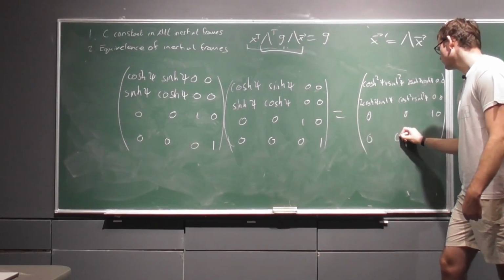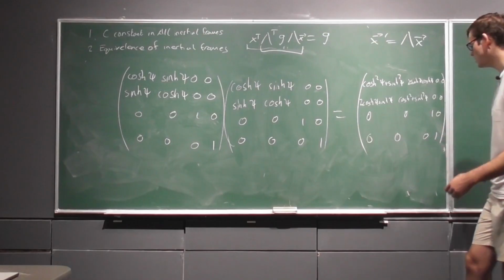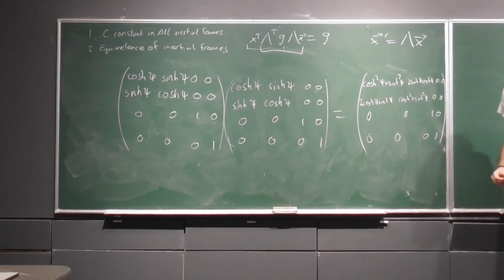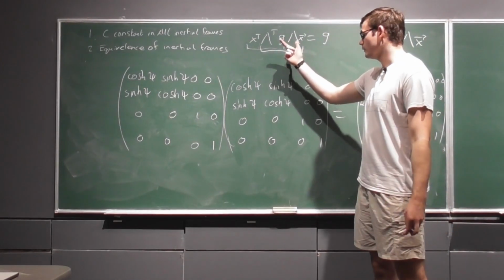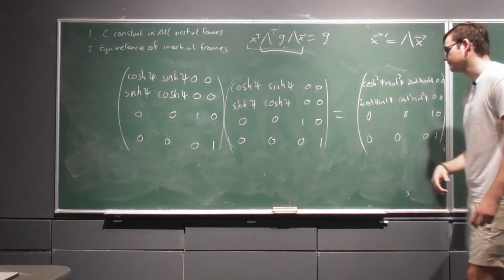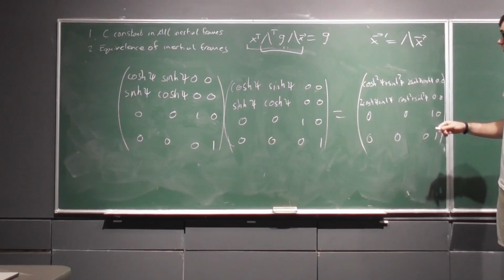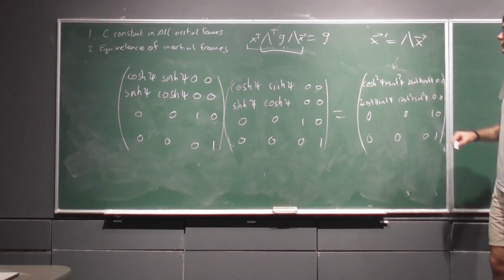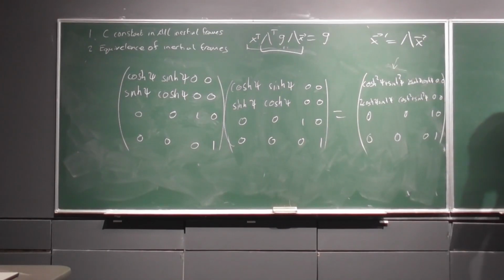0, 0, 0, 1. Okay, now what are we trying to find? We're trying to find a metric such that when we put it in the middle of these, we get back that same metric. Where we're running into a problem here though: cosh squared plus sinh squared is not going to reduce to 1.